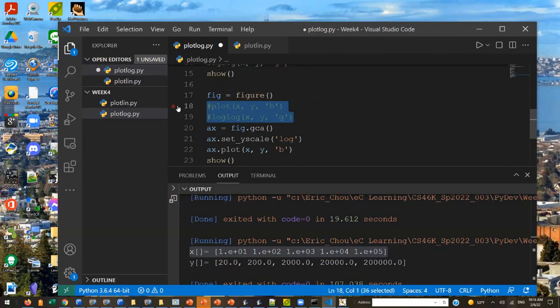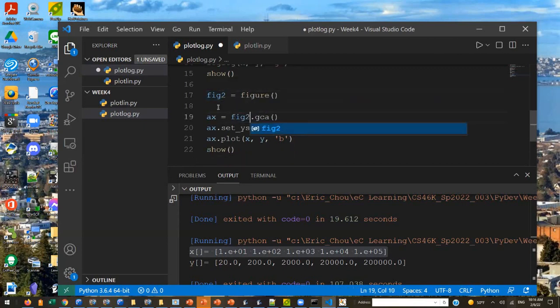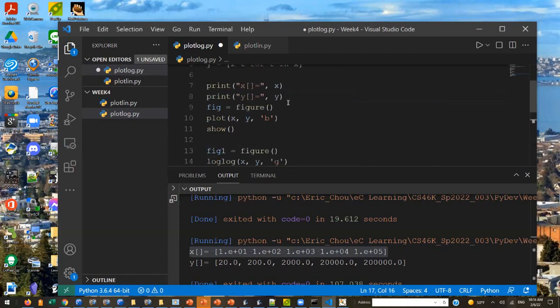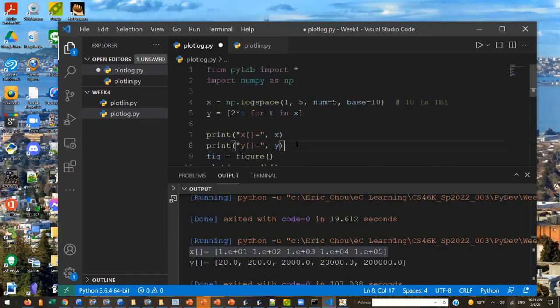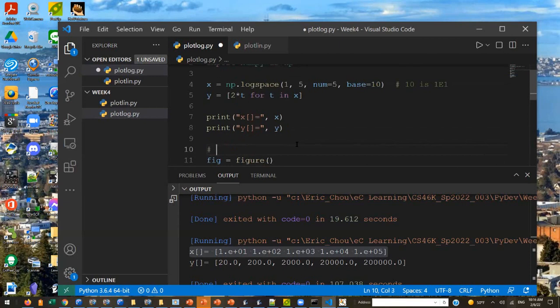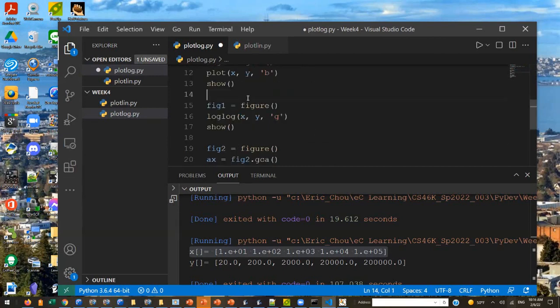Third one we do figure 2, and figure 2 is set up for this one. So the first one is the linear plot, the second one is the log plot, and the third one is linear and log.